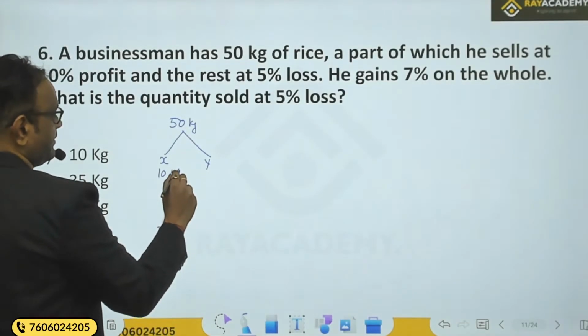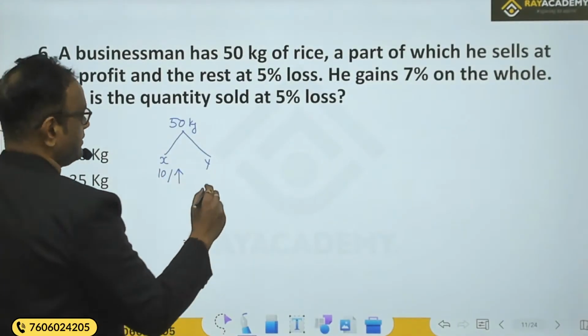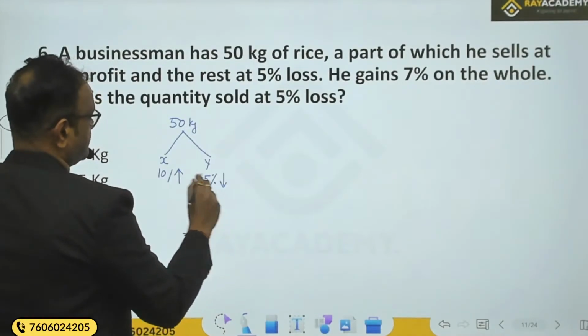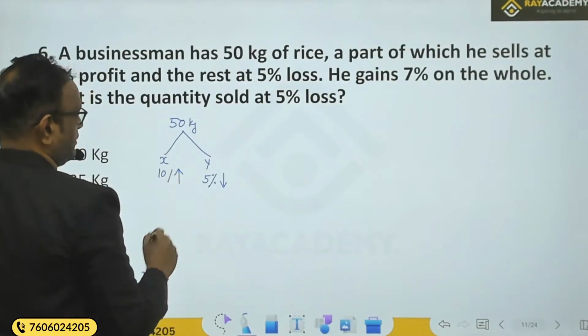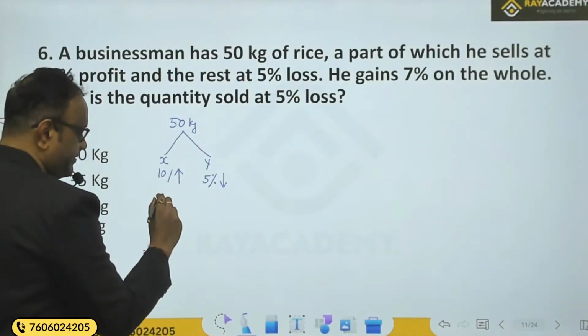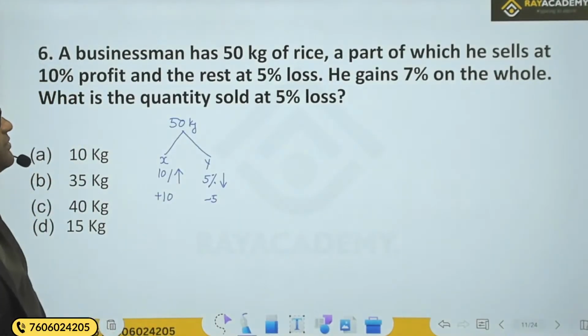So I am just putting an arrow mark here that shows profit for our understanding. And the second one is 5% loss. Or you can say profit is plus 10 and loss is minus 5. We can take it that way also, no issue.